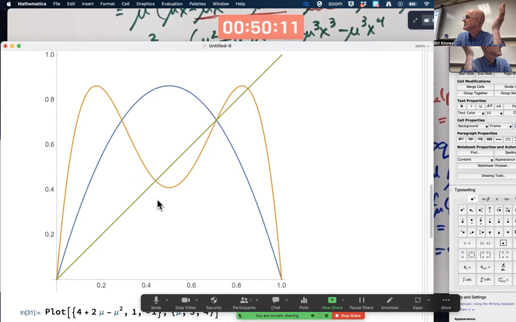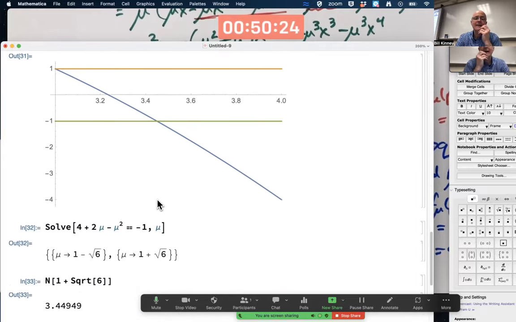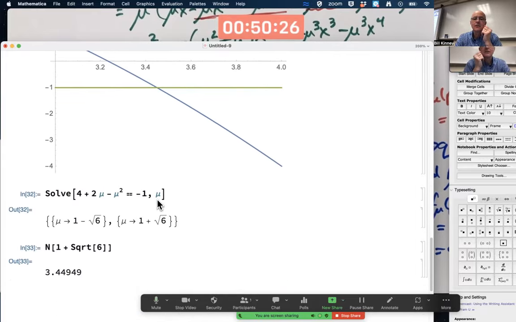Looks close enough to believe it. And that's where the change is occurring from stability to instability, attracting to repelling, and we'd get a period 4 point from that instead of period 2, excuse me.